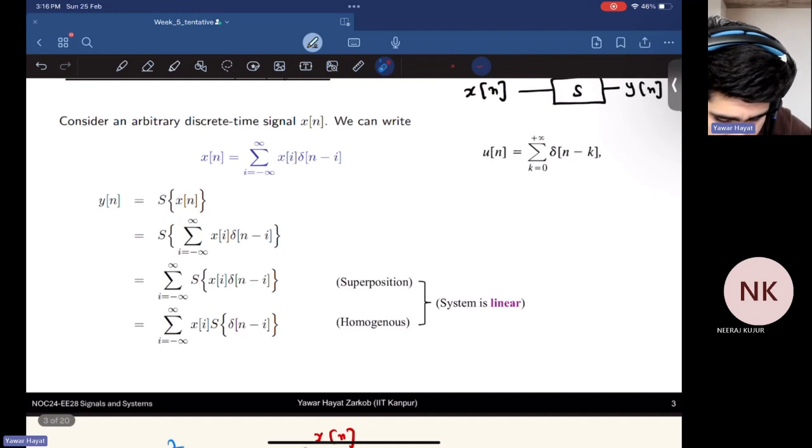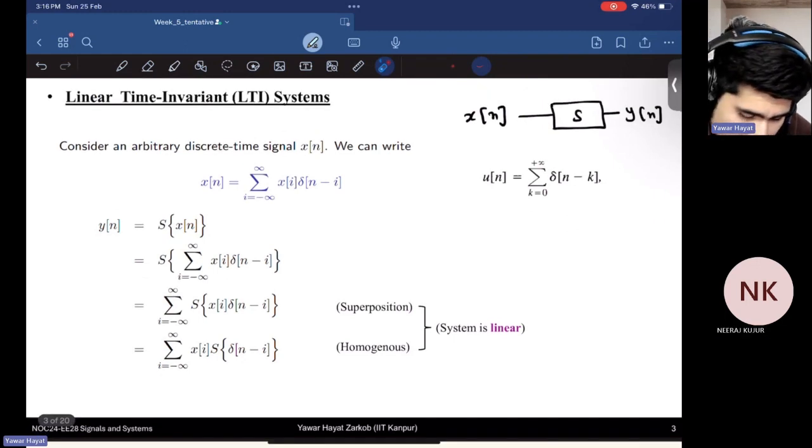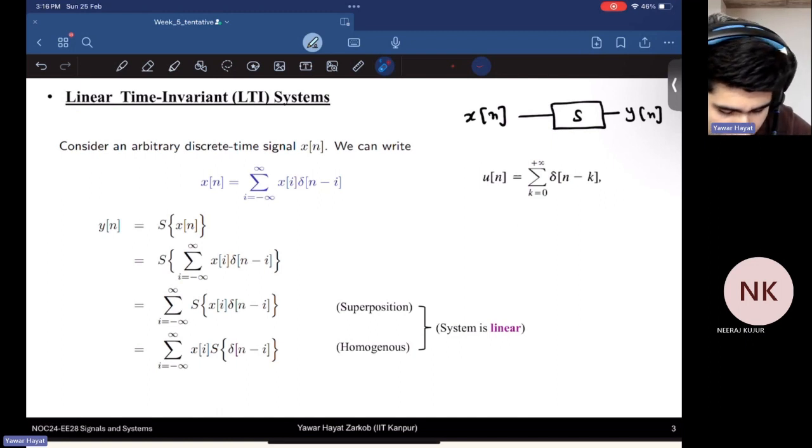Now what I'll claim is, this is an LTI system. I'm trying to develop a convolution sum formula for this linear time invariant system. So it should follow two properties. What are the two properties that a linear system should follow? Superposition and homogeneity. So what does superposition mean?